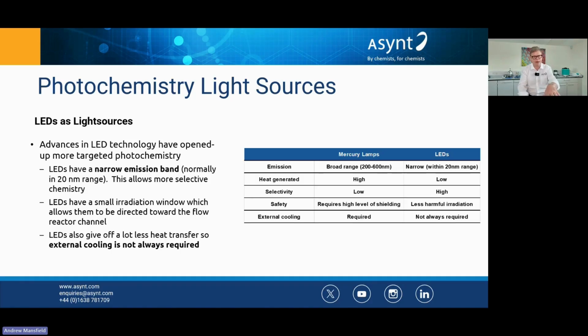Now, I've said flow reactor channel there, but also within our batch reactors as well. And they give off less heat, so we don't need as much cooling, and sometimes we don't need cooling at all. So if you compare traditional mercury lamp technology to LEDs, we can be more selective. We have better temperature control, better selectivity, certainly better safety, and just better cooling. So those are some of the advantages of the light source.